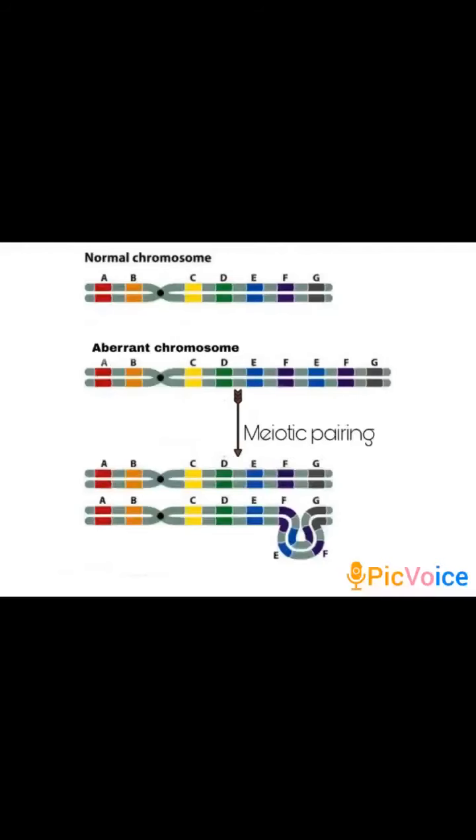In case of a deletion heterozygote, the normal chromosome would form a loop to get extra genes away from the aberrant deleted homologue. Go to see the sketch. In case of both duplication and deficiency, during meiosis, when the homologous chromosomes pair, there is the formation of a loop. In case of deficiency, the normal chromosome will form a loop, as you see in the diagram.